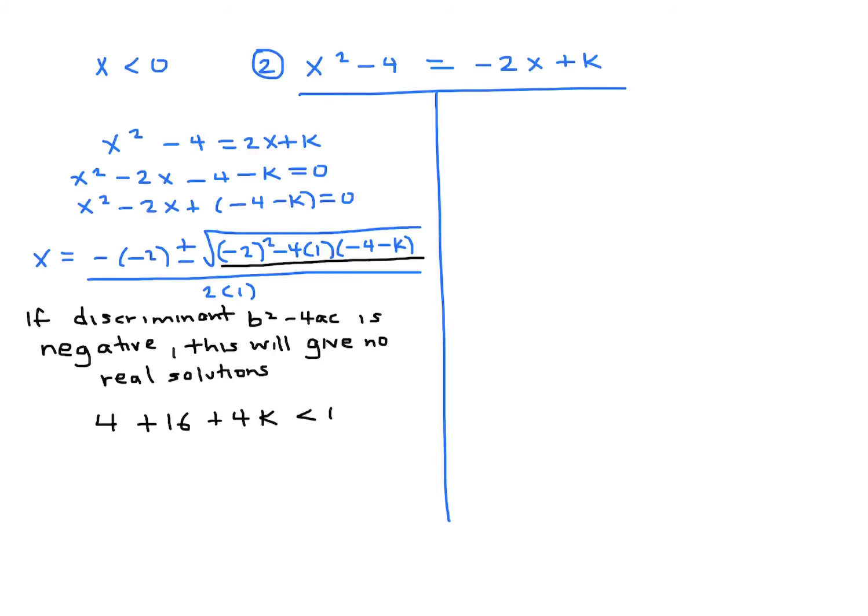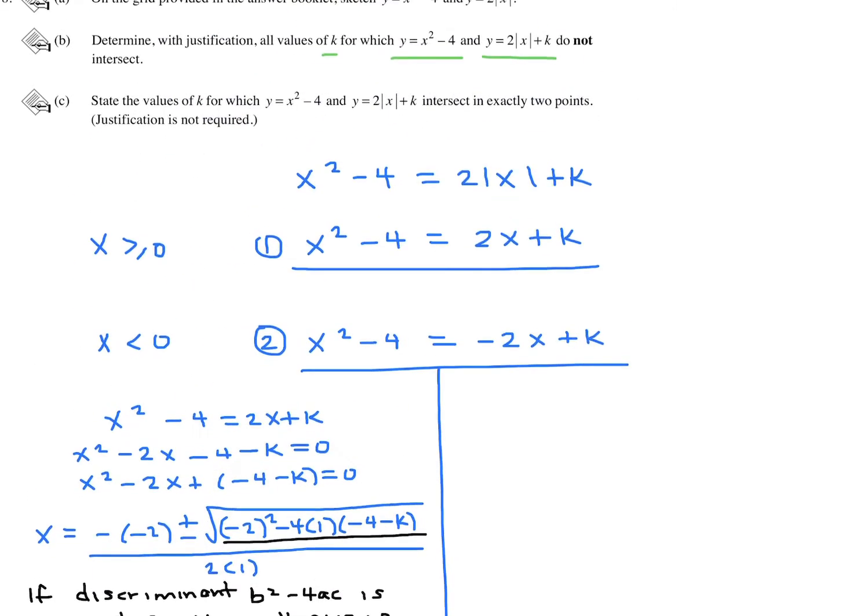And we want to set that less than 0. So this becomes 20 plus 4k less than 0, and therefore 4k is less than minus 20, and k is less than minus 5, like that. So if k is less than minus 5, these two will not intersect.